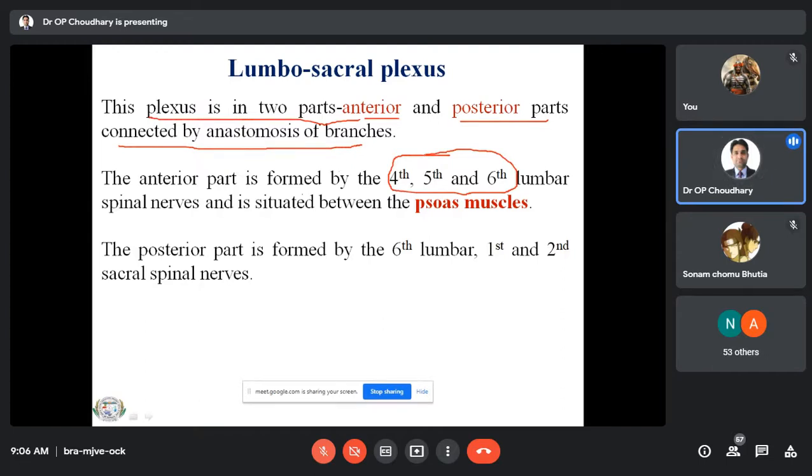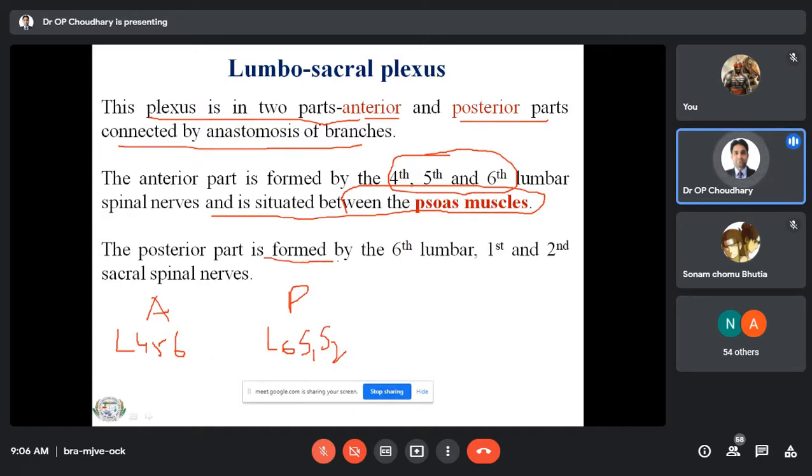Okay, and it is situated between the psoas muscles. It is important. So the anterior branch is formed by L4, 5, and 6, and the posterior branch is formed by L6, sacral 1, and sacral 2 spinal nerves.